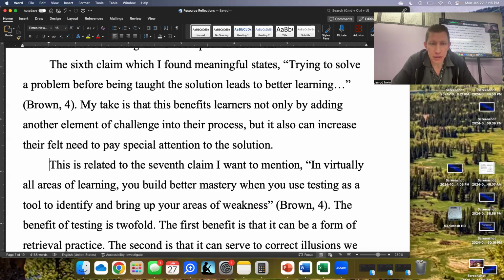Any other thoughts on that sixth claim? So what might be creative ways to use this practice or this strategy?